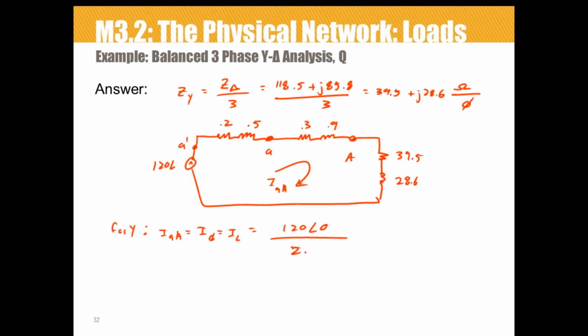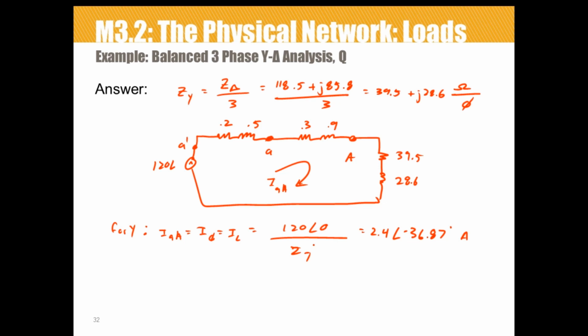We divide that by the sum of all these impedances, 0.2 plus J0.5 plus 0.3 plus J0.9 plus 39.5 plus J28.6, and that gives us 2.4 at an angle of negative 36.87 degrees amps. The B phase is just this rotated by 120, so 2.4 at an angle of 83.13, and the C phase for the Y equivalent is 2.4 at an angle of 203.13.